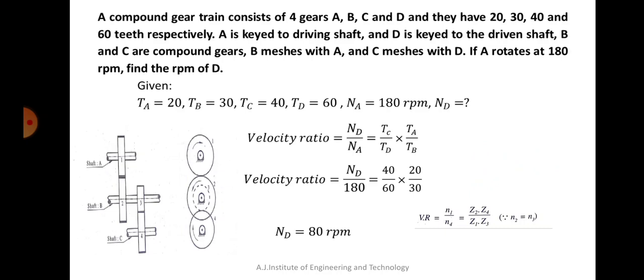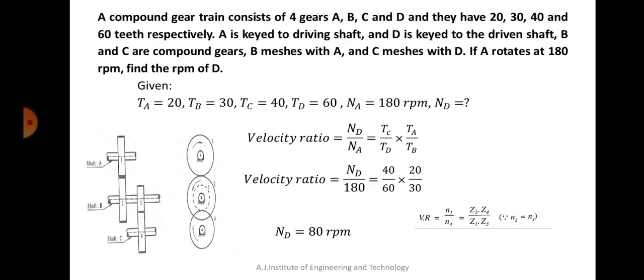Okay, so look at the formula and substitute. So whether you are taking velocity ratio or the reciprocal of that, the value will not change. Here, as per whatever I have explained, I have given the value as N1 by N4 is equal to Z2 into Z4 divided by Z1 into Z3. Even if you take it the same way, N1 is 180.